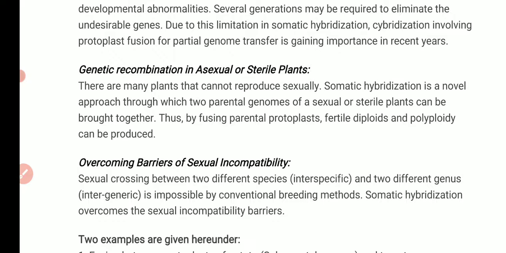And even if they do somehow pollinate, the embryo never survives. So if you want to combine the genes of, say, a male plant A and a female plant B, somatic hybridization is a good approach, when you want to create a combined morphology or genotype of asexual plants.